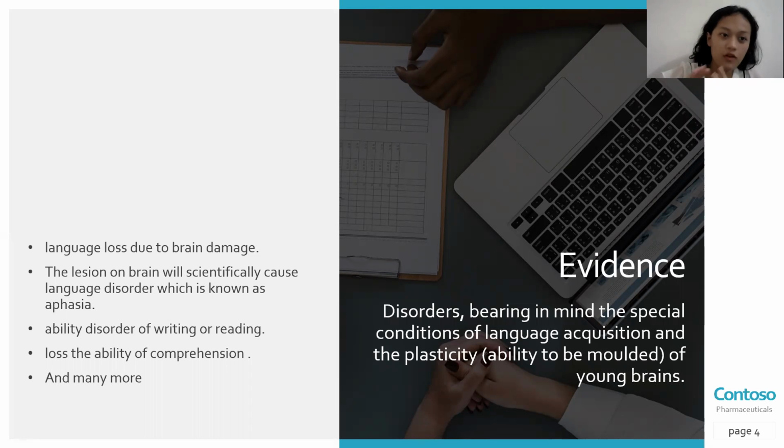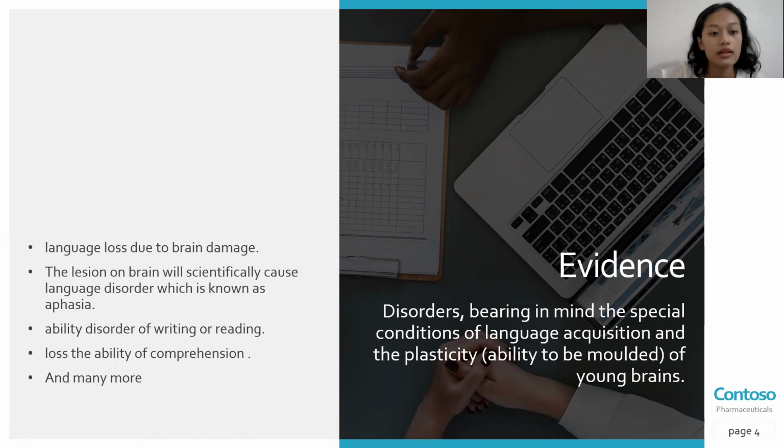So the examples of some cases that show this relation are these. Language loss due to brain damage, maybe brain damage from a car crash. It hits the left hemisphere, and you lose language, like you forgot.